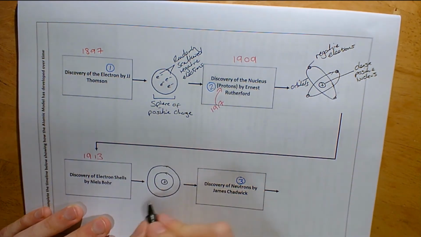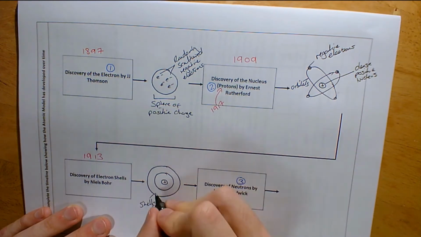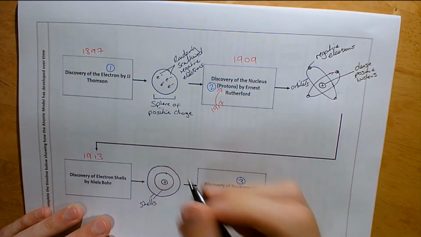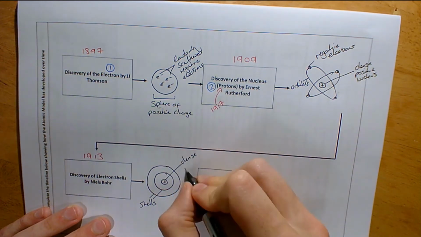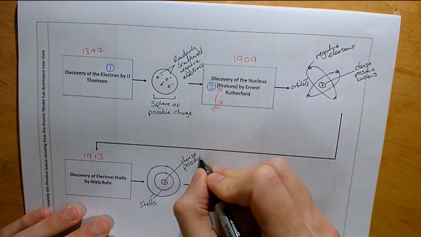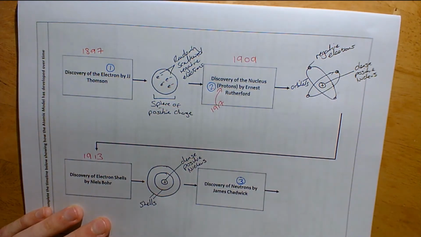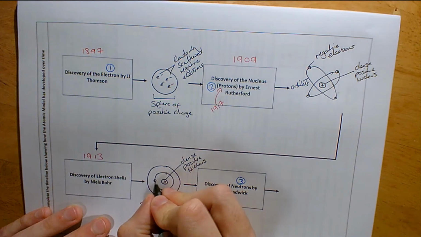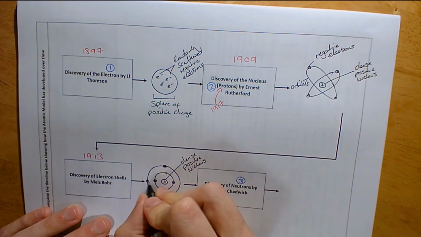Okay, so each shell gets further from the nucleus, and we still have our dense positive nucleus. And our electrons exist in these shells.